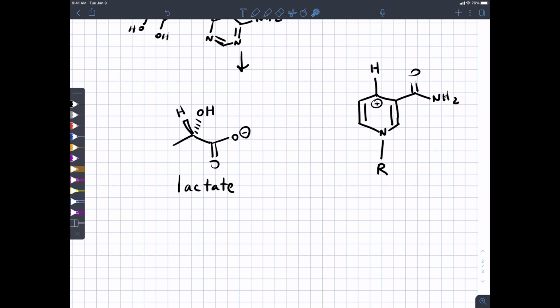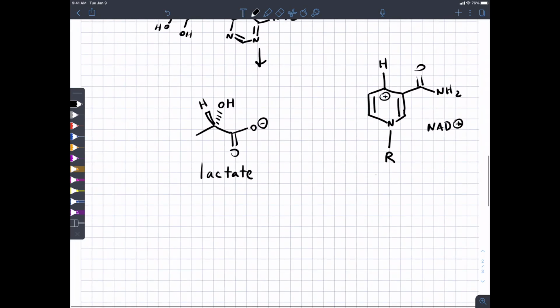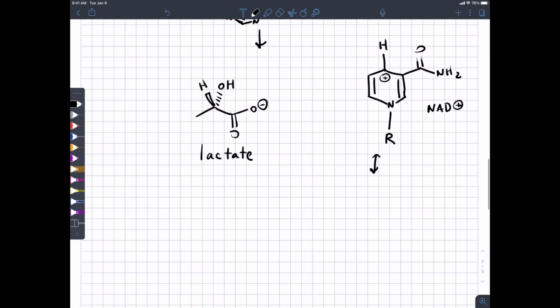And this is called NAD+, but it's not usually drawn in this form because there's a better resonance structure. You can take lone pair electrons on that nitrogen and move them as shown here to give you the following structure with the positive charge on the nitrogen, but everything has a full octet, and so that's why that's a better resonance structure.